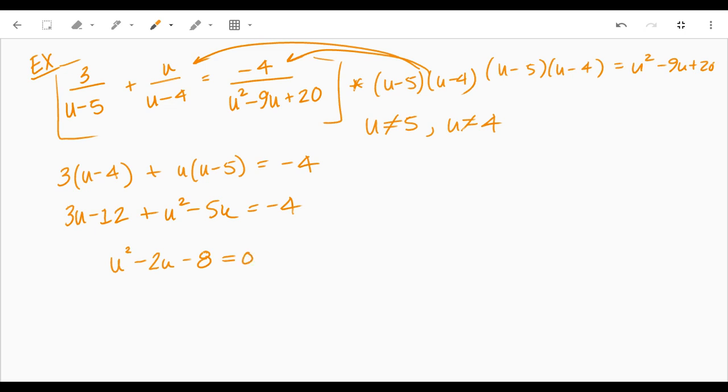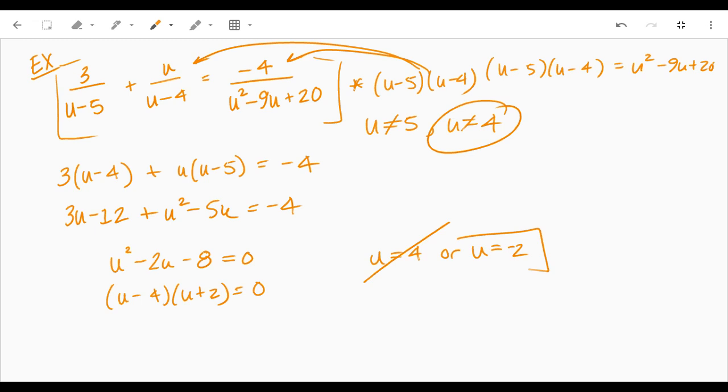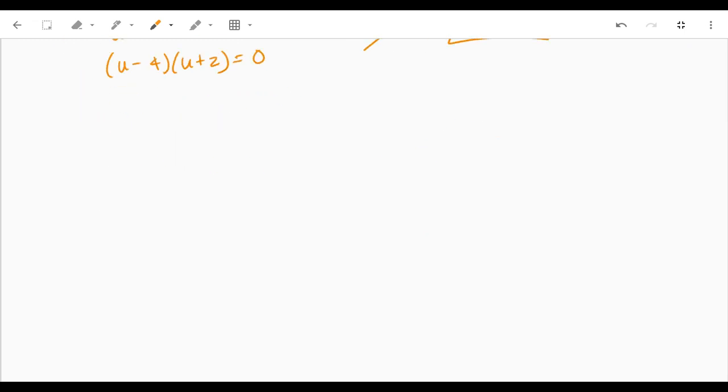Okay, and then we can factor that. U minus 4, u plus 2. So u equals 4, or u equals negative 2. But remember, 4 is one of our excluded values, so just u equals negative 2. Okay, we are very close to being done here.